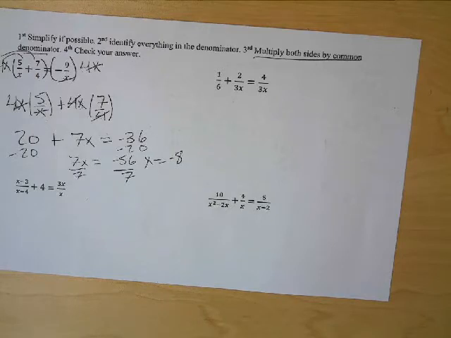Some people in the last class and previous classes were like, oh, let's just do 3x. That'll work. When I multiply by 3x, what's the 6 going to be left with? A 2 in your denominator, right? I don't want a 2 in my denominator. I want to get rid of the fraction as fast as I can. So you can't just multiply by 3x. You need to multiply by 6x.